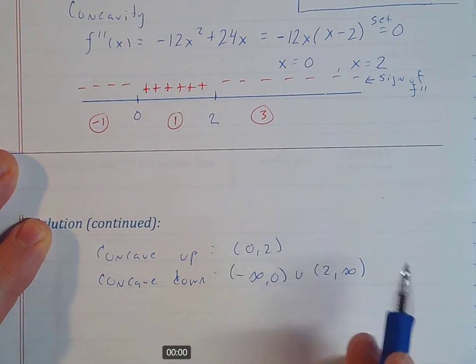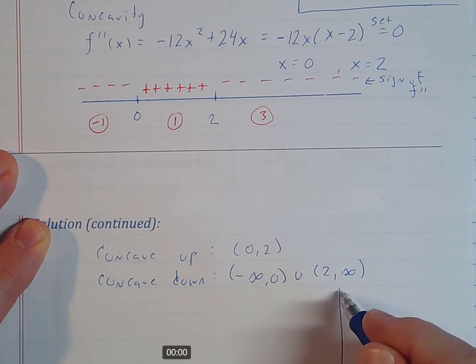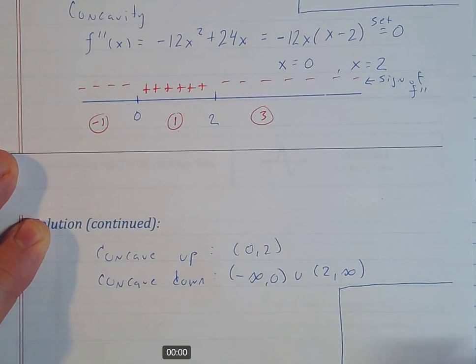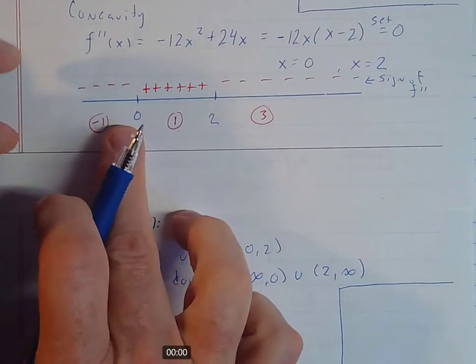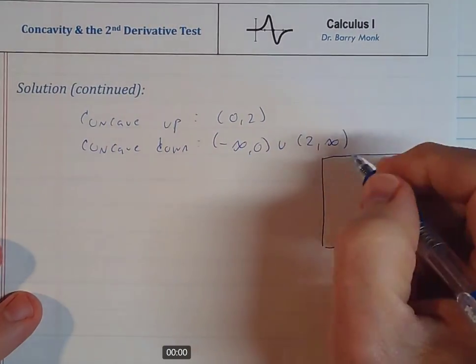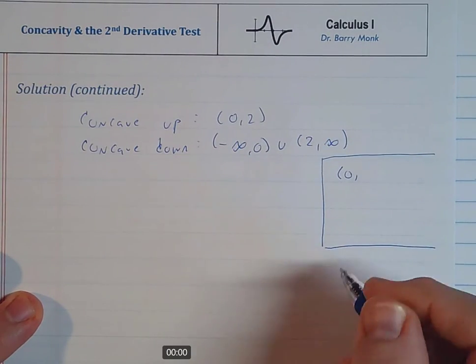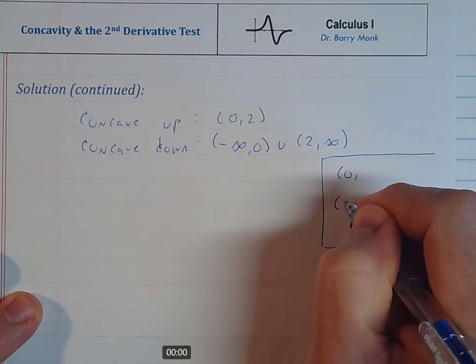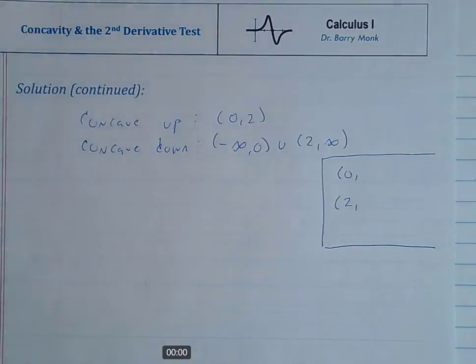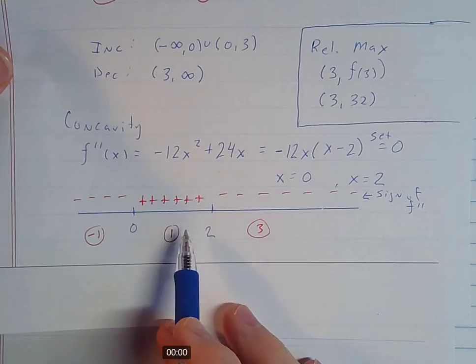Okay, I'm also going to write down just a couple of points here that seem to be of interest. I should be interested in what's going on when x is equal to 0. And it looks like I should be interested in what's going on when x is equal to 2. Those are a couple of x values that popped up.